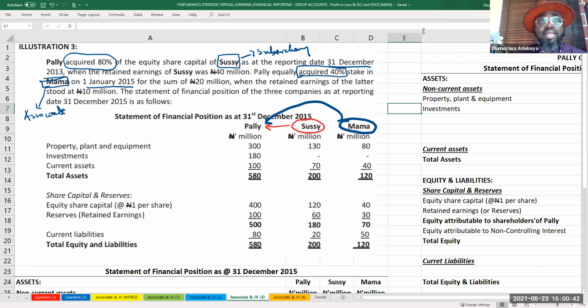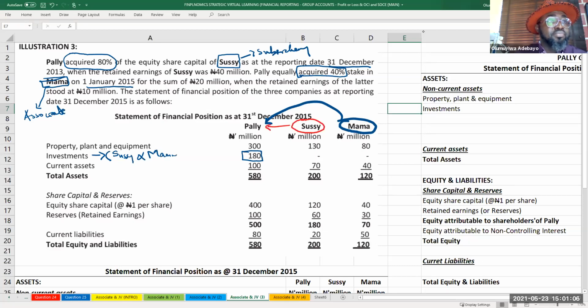Now, investments, the total investment of Pali was 180. And from the information here, it shows that this investment is the sum of the one incurred on Susie and the one incurred on what?